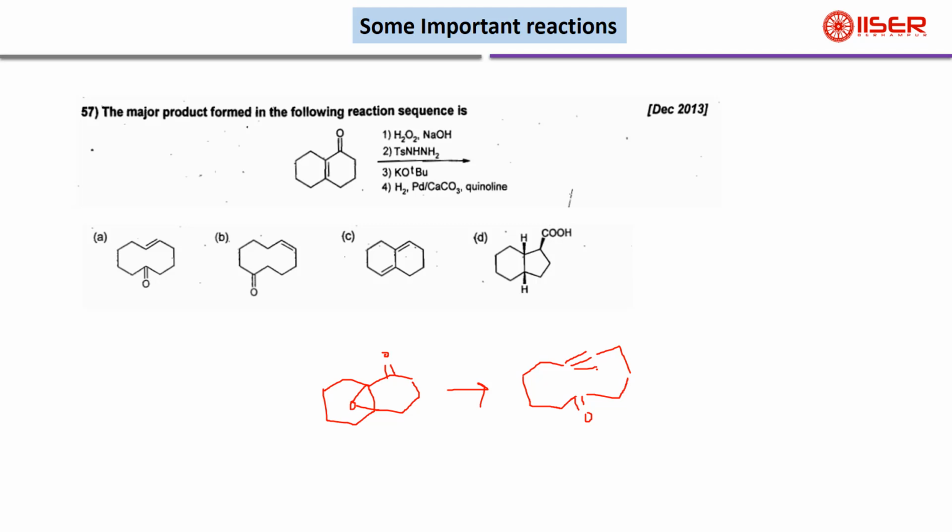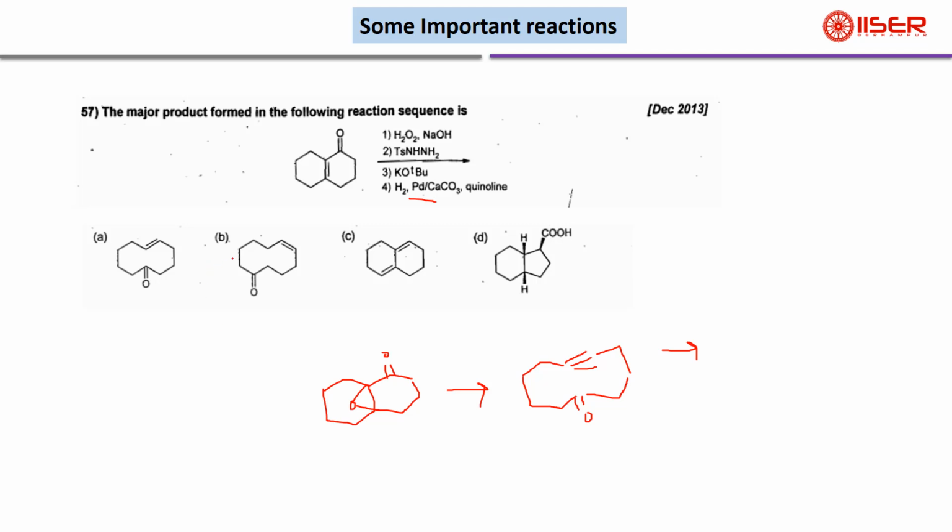The next step, if you add Lindlar catalyst and H2, it will undergo partial reduction, and that reduction is always seen in cis manner.